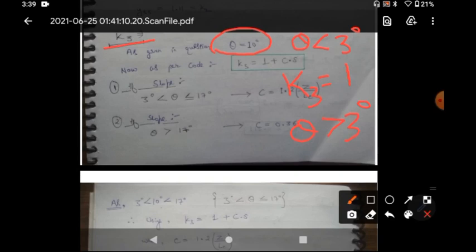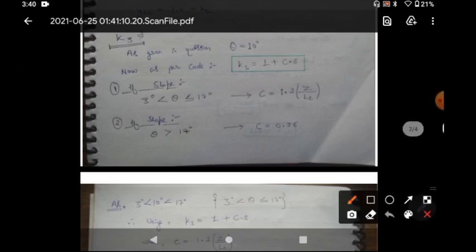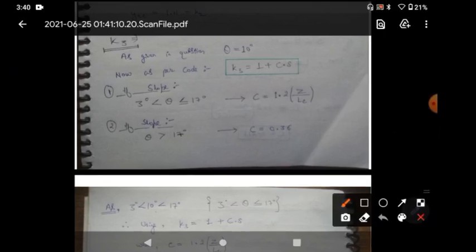For solving this problem, we have a formula for the calculation of K3, that is 1 plus CS.